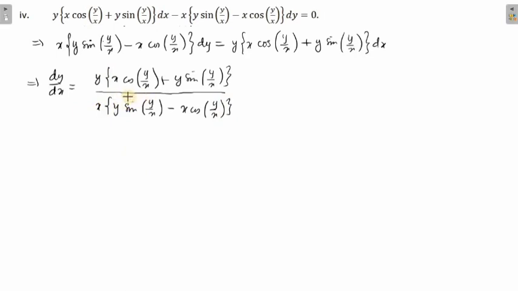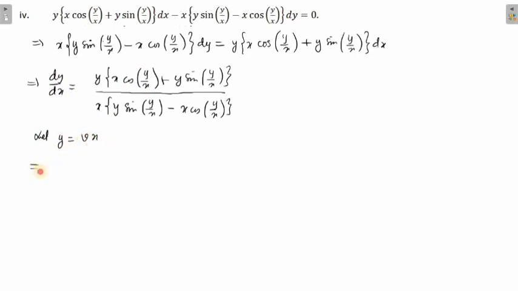See here carefully, what you can do here is directly substitute. What is the substitution that we need to make? Obviously, since it is in the form of y by x, we will do the substitution y equals vx.